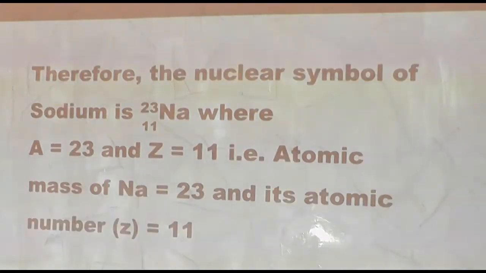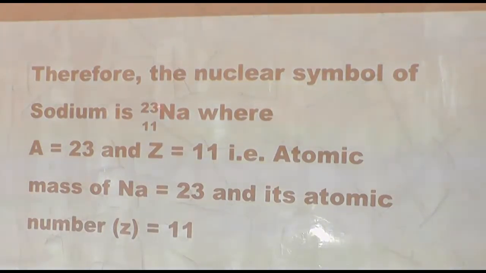On this note, you can see that the nuclear symbol of sodium atom is denoted as Na. Remember, the chemical symbol of sodium is Na, and I told you that Na is derived from the Latin name. And what is the Latin name of sodium? Natrium. From natrium we have Na.